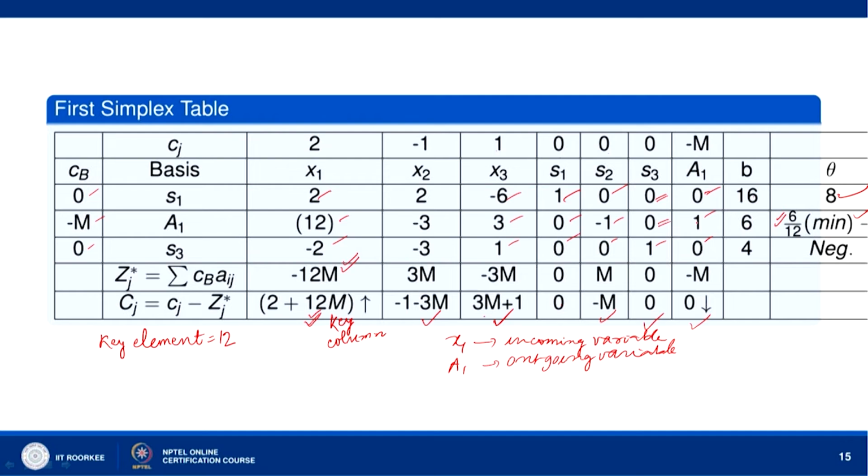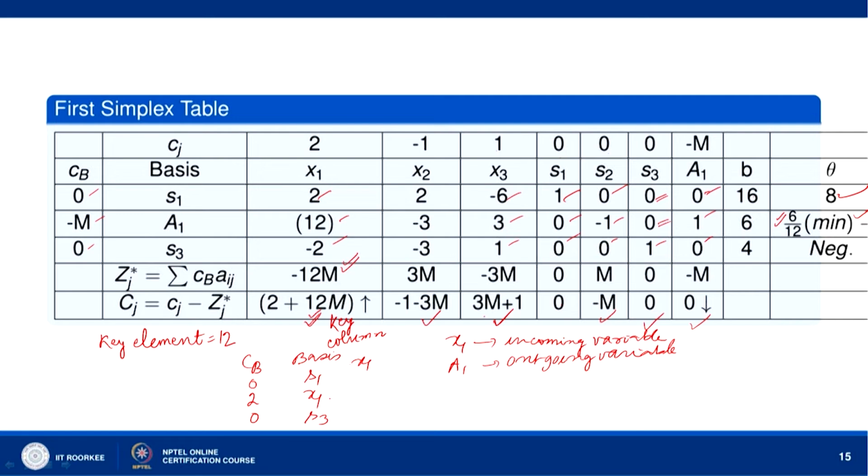So, the new simplex table will be CB, okay, 0 minus. A1 is going out, A1 is replaced by x1. So, in the basis, A1 is replaced by x1, the coefficient of x1 is 2 here, okay, and then we have S3. S3 coefficient is 0 here, okay, and we get x1. So, x1 row is now obtained by dividing the elements of the key row by the key element.